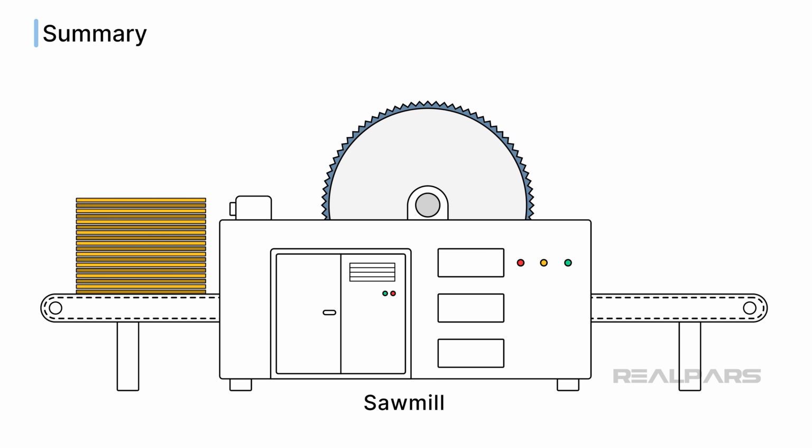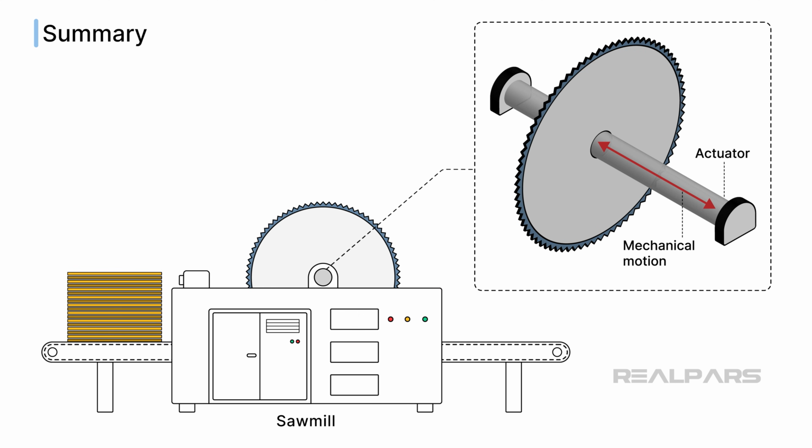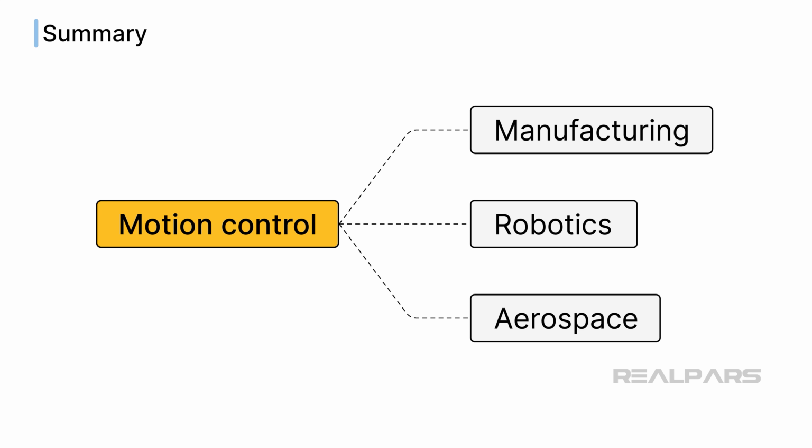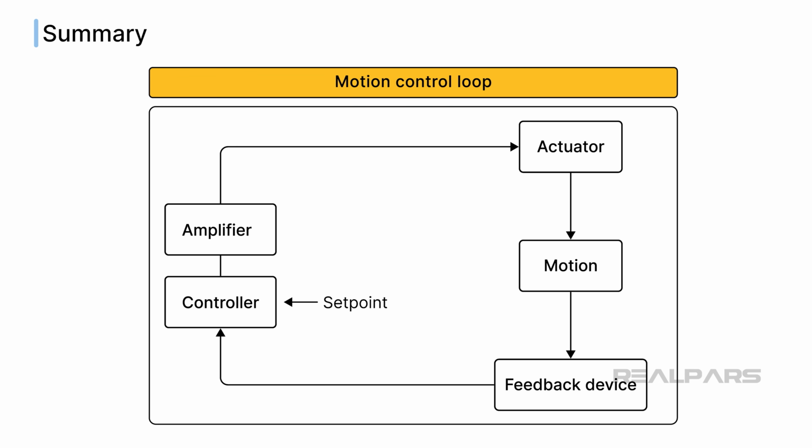Let's have a quick summary of what we've discussed. Motion control refers to the methods used to precisely regulate and control the movement and position of mechanical systems. Motion control is used in many areas, such as manufacturing, robotics, and aerospace. The four essential components of a motion control system are the controller, driver or amplifier, sensing or feedback devices, and actuator.